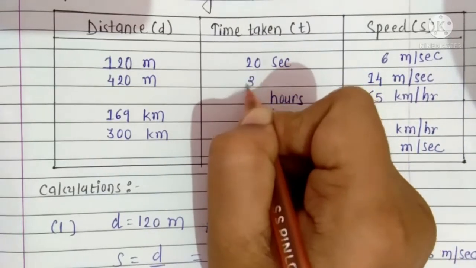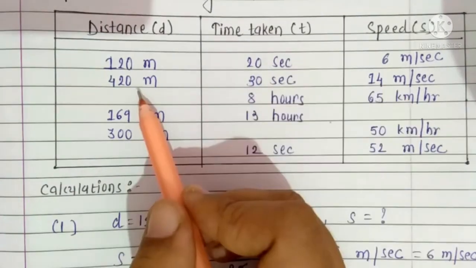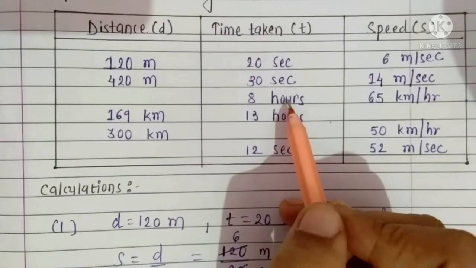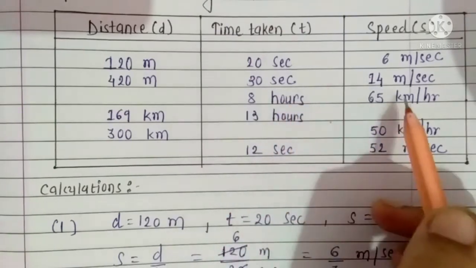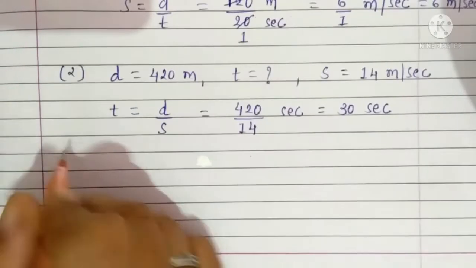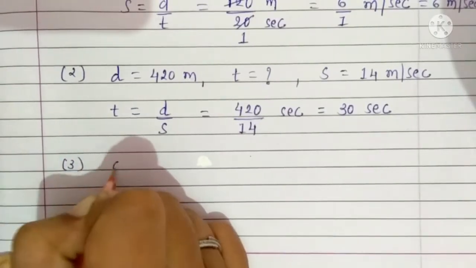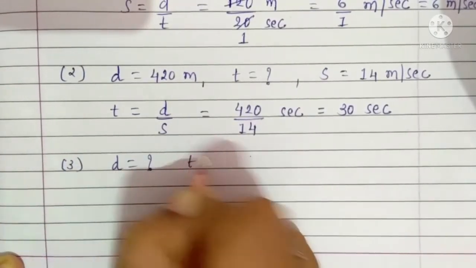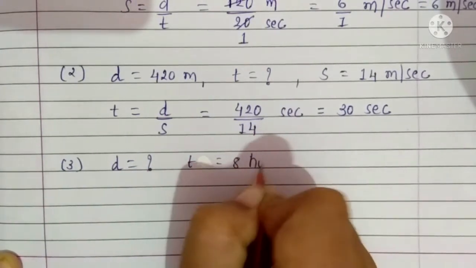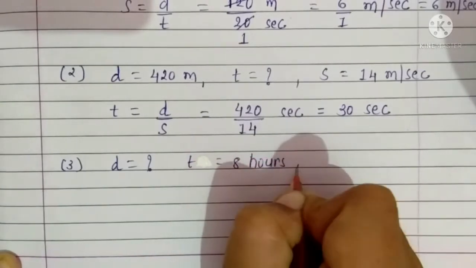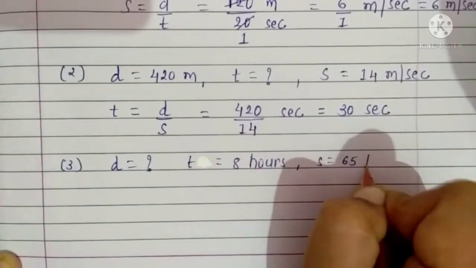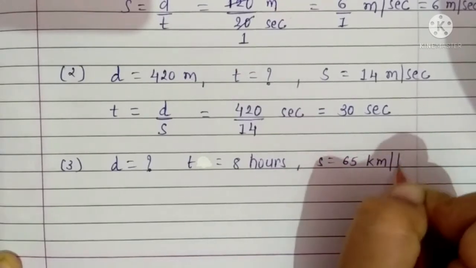So here will come 30 seconds. Next, third, in third we have time taken, speed and we want to find distance. So T is equal to 8 hours, S is equal to 65 kilometer per hour.